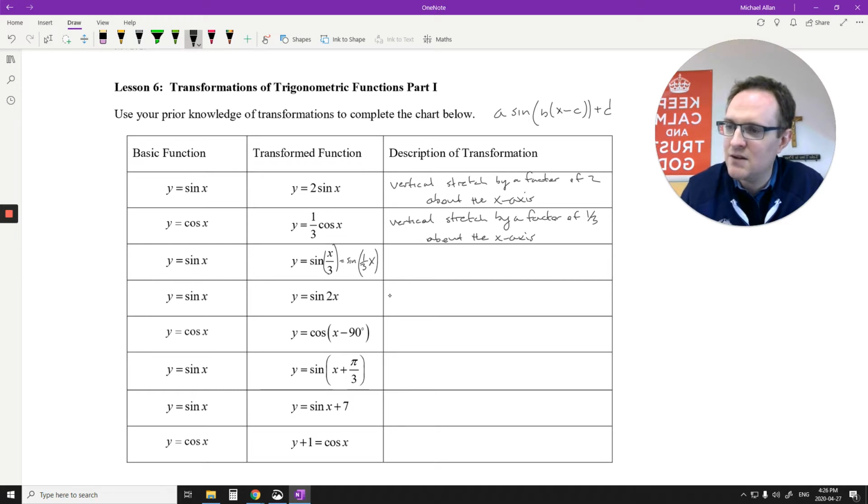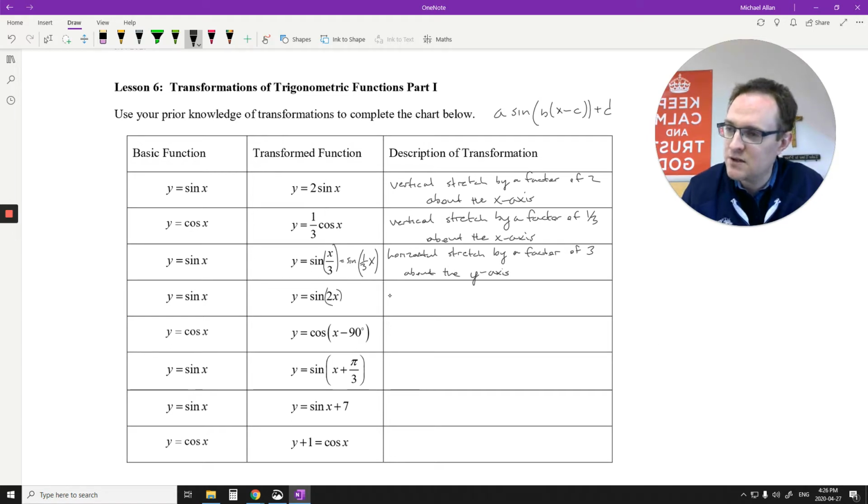So my b value is 1/3 in this situation. So I have a horizontal stretch by a factor of 3 about the y-axis this time.